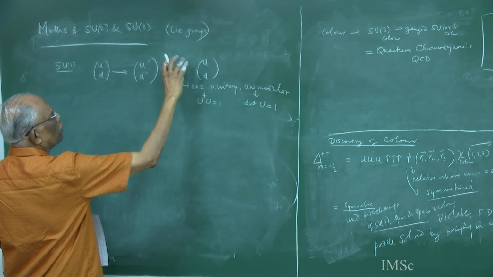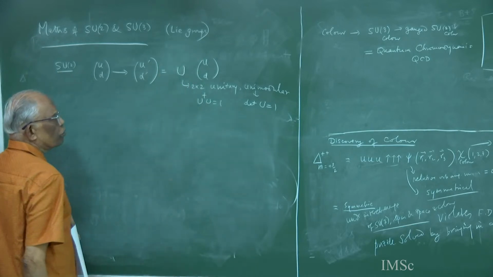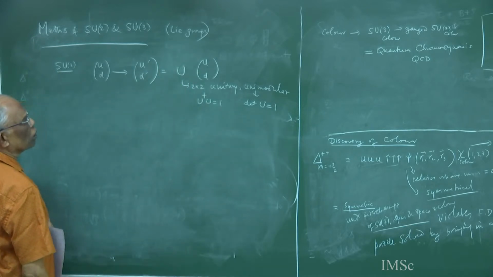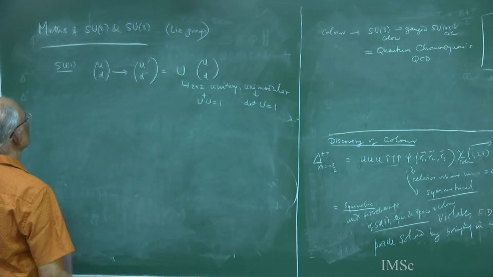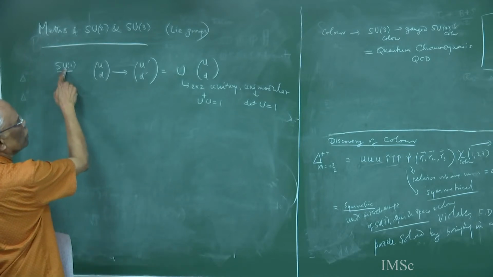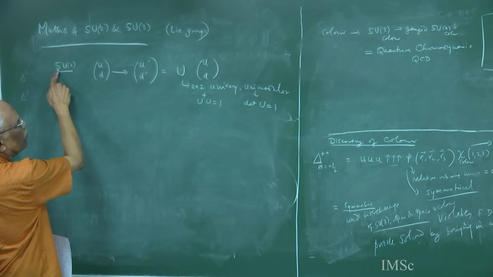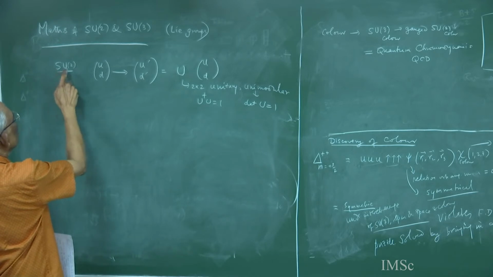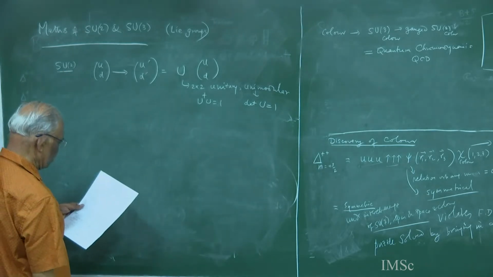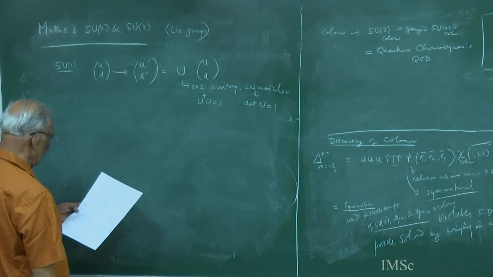So under multiplication, the set of 2 by 2 unitary unimodular matrices form a group which is called SU2. This S is called simple, not simple in the usual sense of the word. It's a technical word, it means unimodular actually. Simple unitary transformation on 2 objects. Okay, I have defined it now.